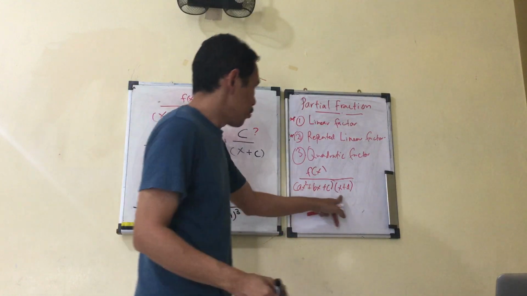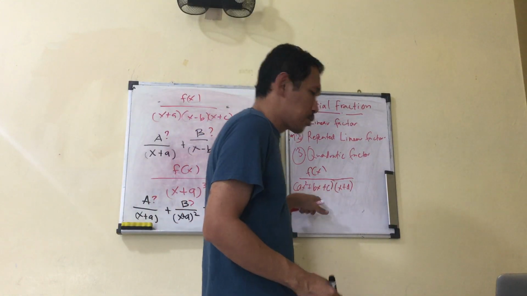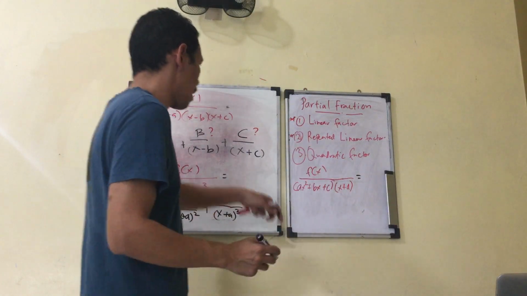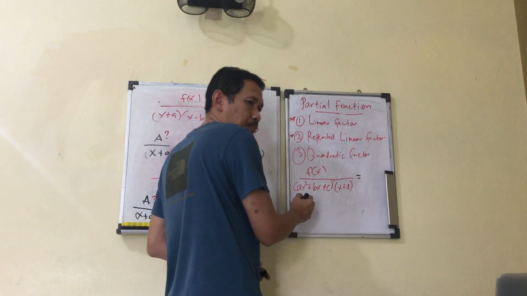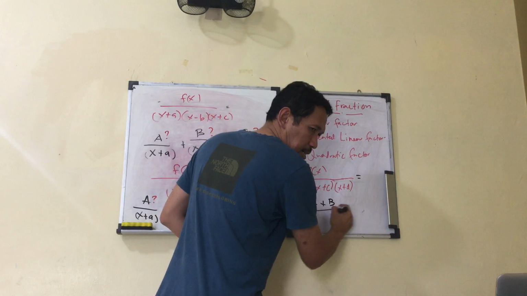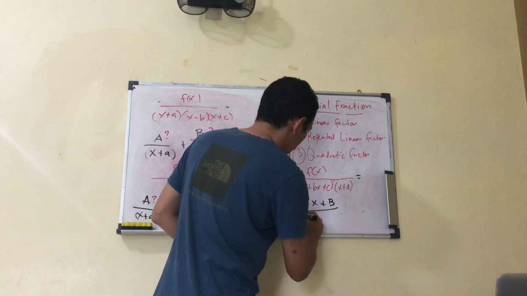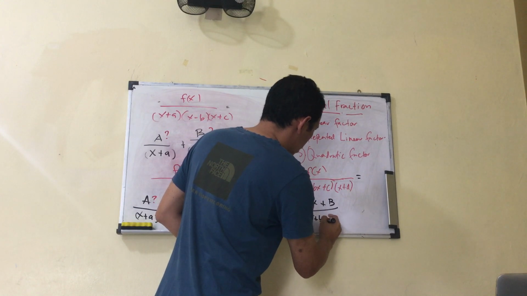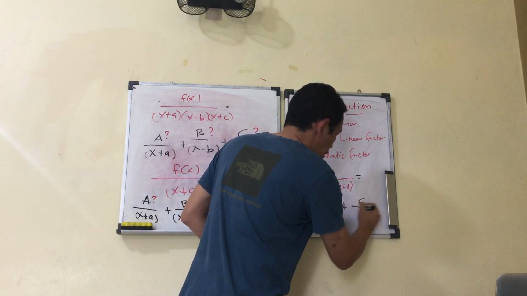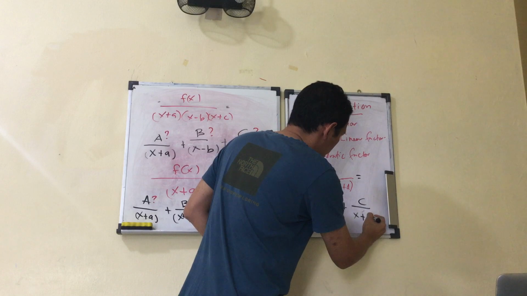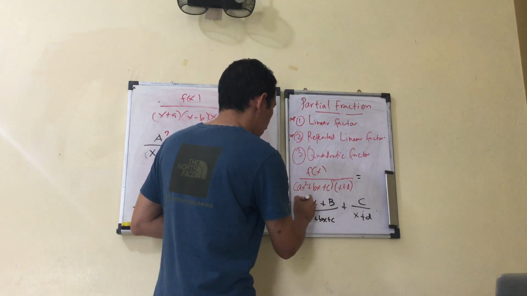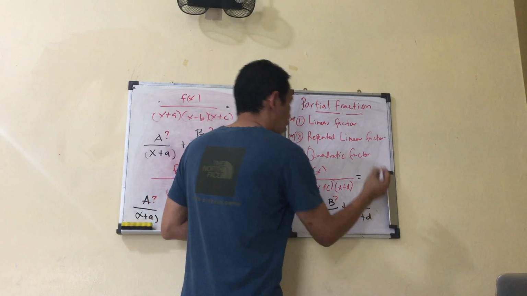What you should do with this one is decompose it to become (Ax plus B) divided by ax squared plus bx plus c, and then plus C over x plus d. You need to find the value of A, B, and C.